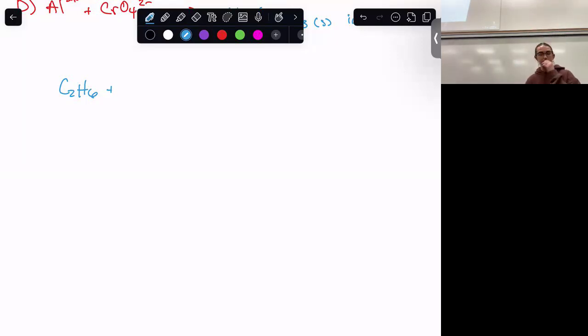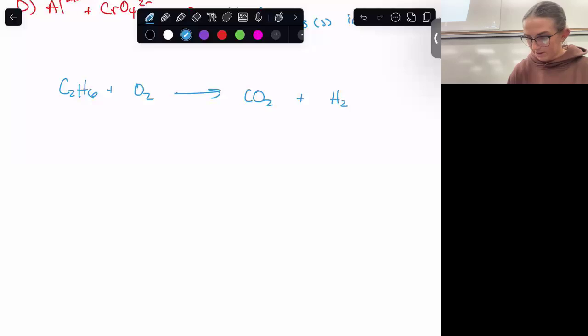It's just carbon and hydrogen. Technically, you can have a combustion reaction with something that has carbon, hydrogen, and oxygen. But for the sake of this, a combustion reaction means that something is burning with oxygen, and we're forming carbon dioxide and H2O.